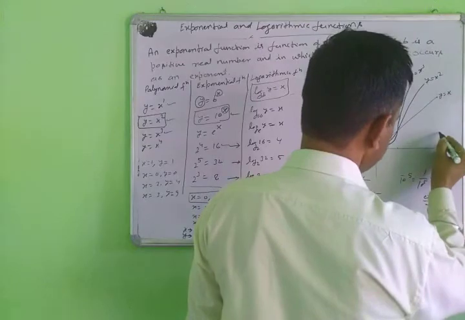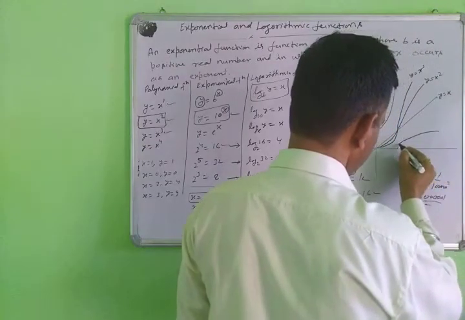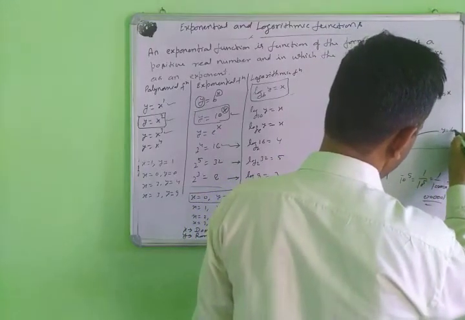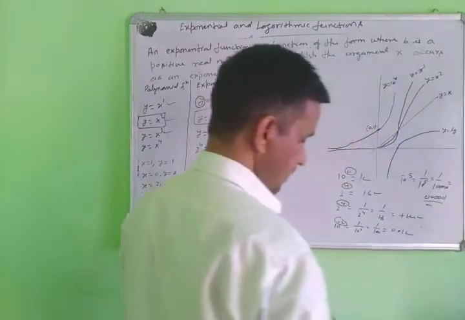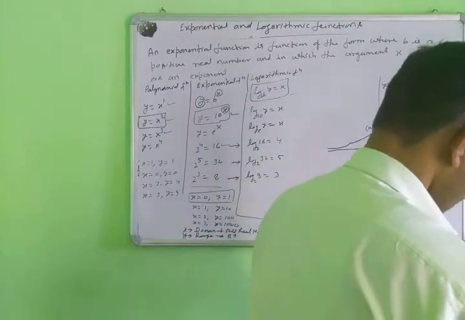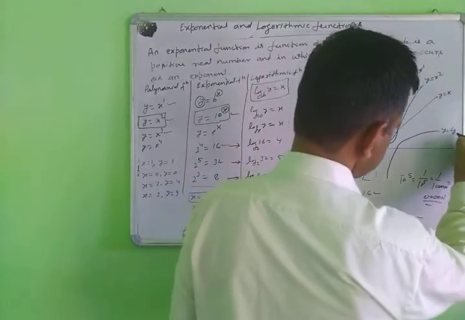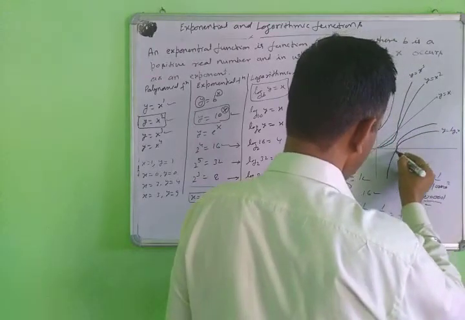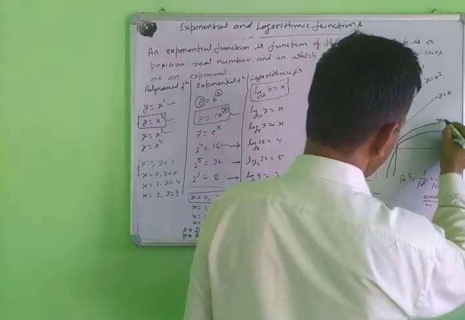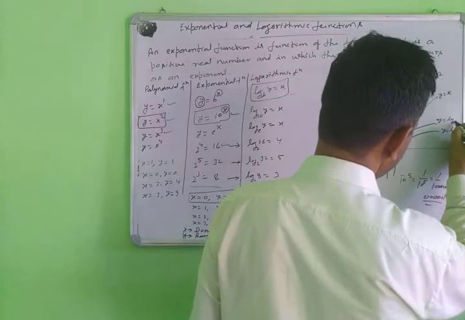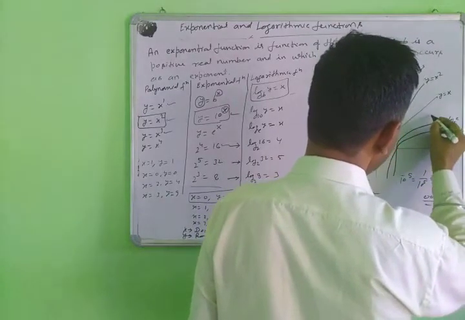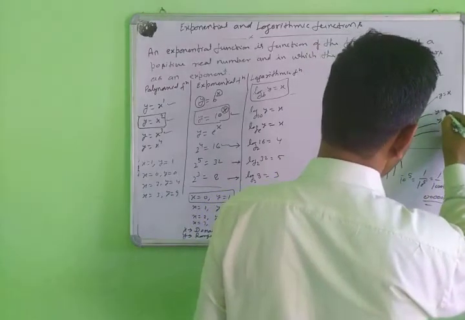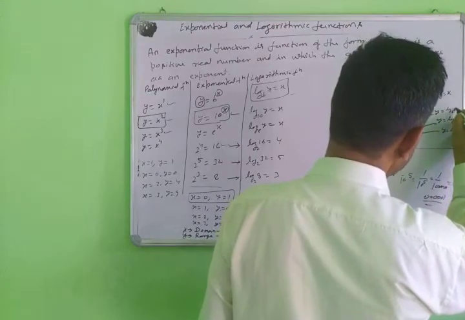Now look here: this is y equals log base e of x. The second graph will be y equals log base 2 of x, and next you draw log base 10 of x.